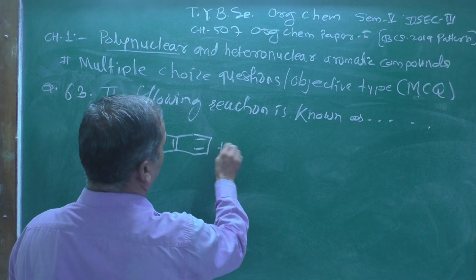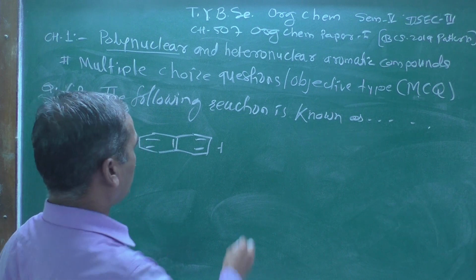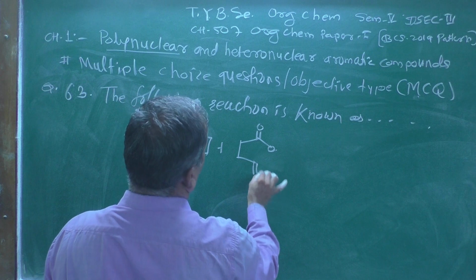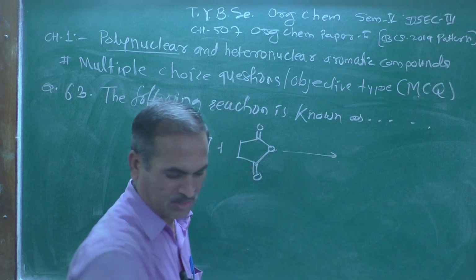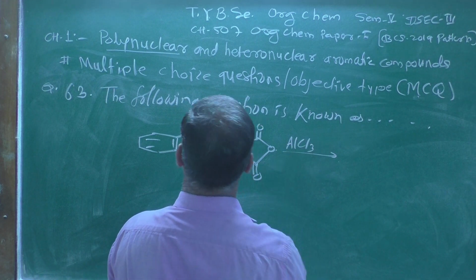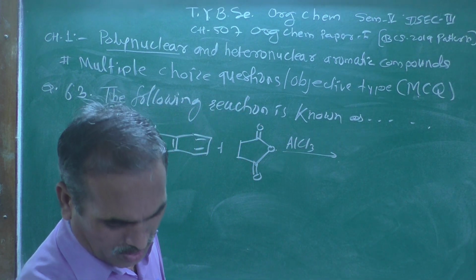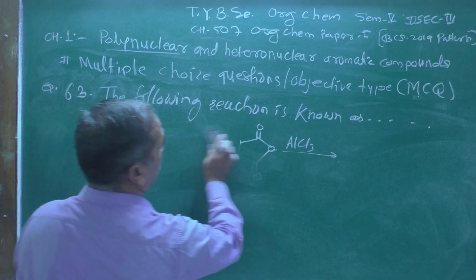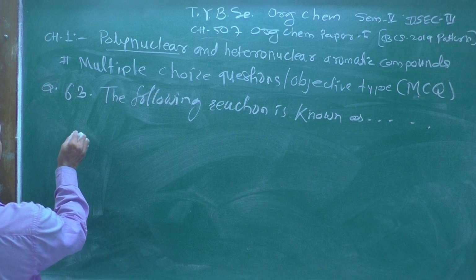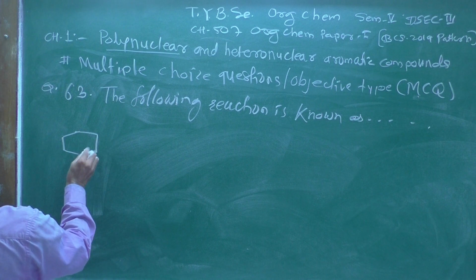This is a reaction, and it will be treated with this, the structure of succinic anhydride, and AlCl3, and the products are formed. Let me draw the structures first.